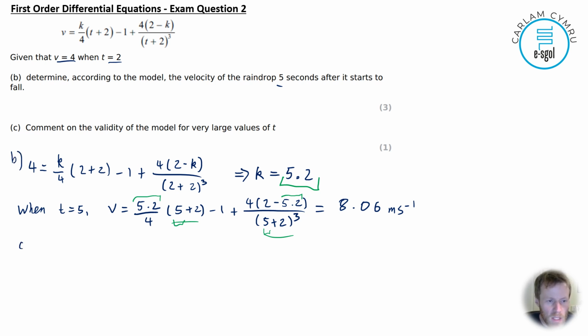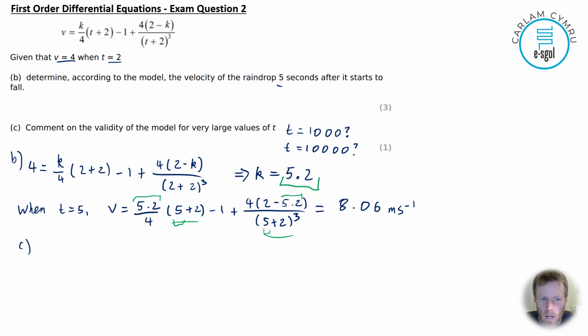For part C, comment on the validity of the model for very large values of t. So we could approach this in a number of ways. We could just try, like, what about t is 1,000, for instance, just see what happens. You could try t is 10,000 and see what happens there. I guess this is a raindrop falling from the sky, so we might question surely the raindrop might hit the ground within a certain time frame.